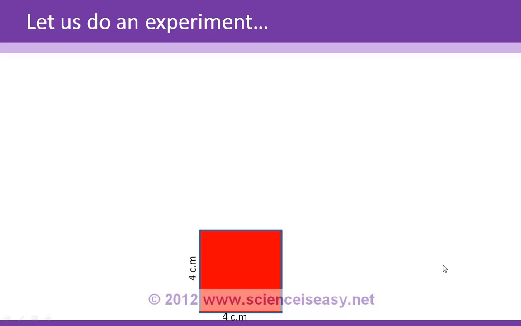Okay, so here is our small experiment. First take a square of 4 cm side, a red square, and next bring a second square into the picture and arrange it in such a way that these two lines are collinear.